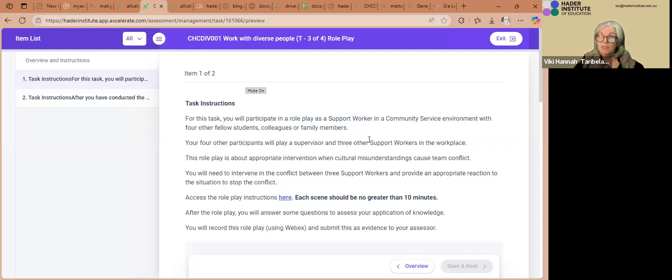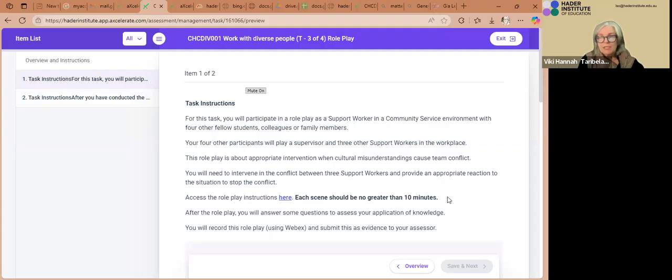That opportunity will be there for you to complete it. So it's about how you're going to appropriately intervene where there's a cultural misunderstanding causing team conflict. You'll need to intervene in the conflict between 3 support workers.